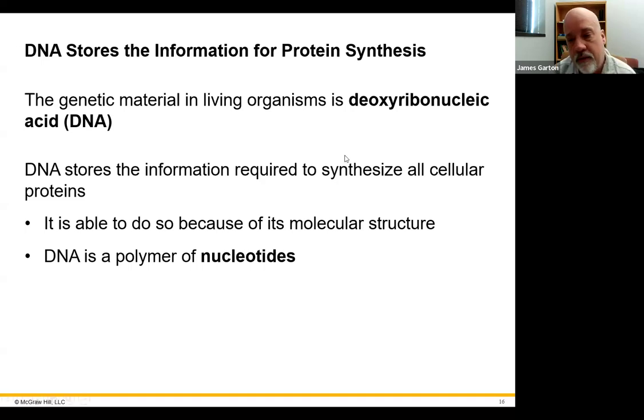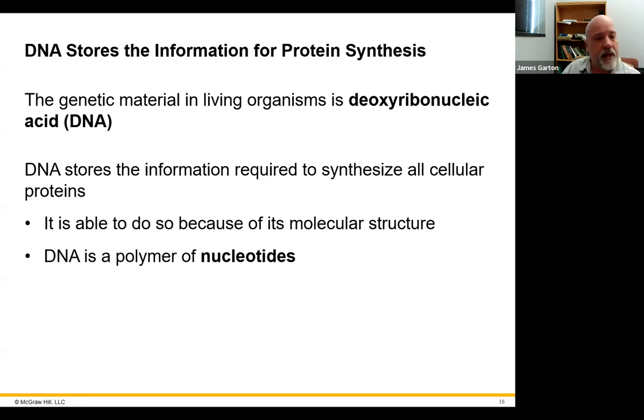And so the individual molecular structure of a DNA molecule allows it to be copied. It allows it to be transcribed into RNA. It ensures that it's copied accurately because A's like to bind to T's and G's like to bind to C's and so on and so forth.